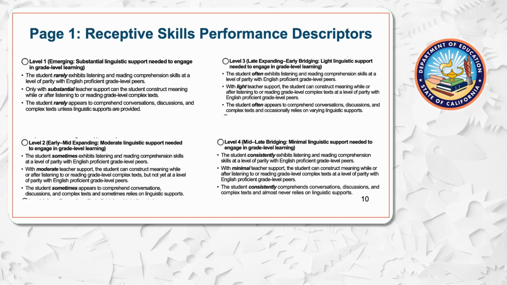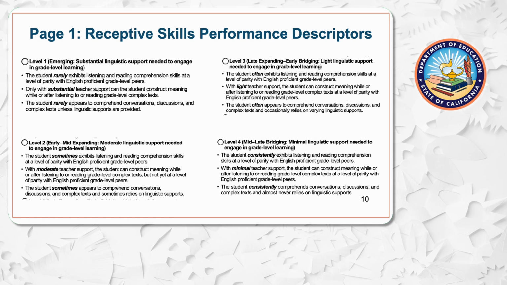Based on this observation, my student is able to read at a level that is on par with her 4th grade English proficient peers with minimal linguistic support. She read a complex grade level text containing grade level or above domain-specific and academic vocabulary, as well as complex grammatical structures.